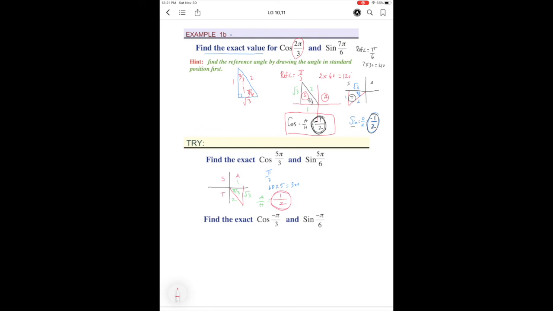And this guy is positive because it's in the ASTC quadrant. You get the idea.